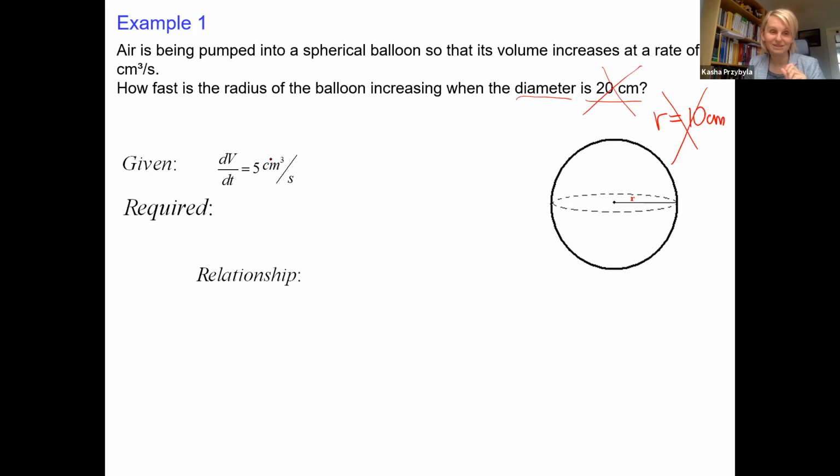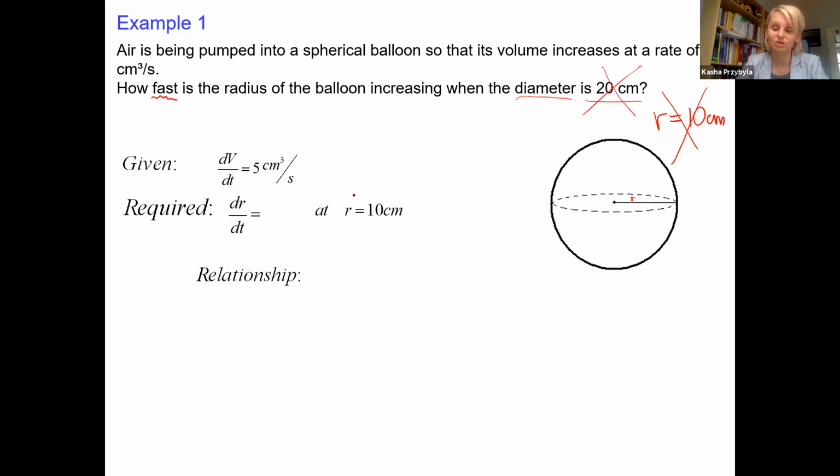Because how fast is the speed or velocity, which means the rate of change of the distance. And the distance in this case is radius, thank you. dr/dt. That means the rate of change of the volume is given, the rate of change of the radius is required. But one thing, we're looking for the rate of change of the radius at the moment when the radius is 10.